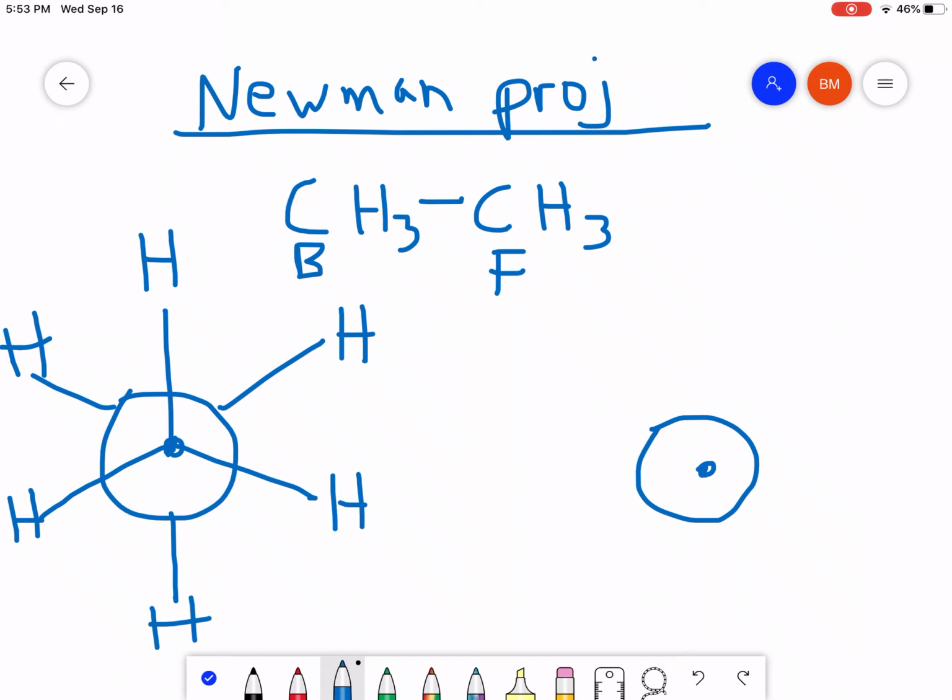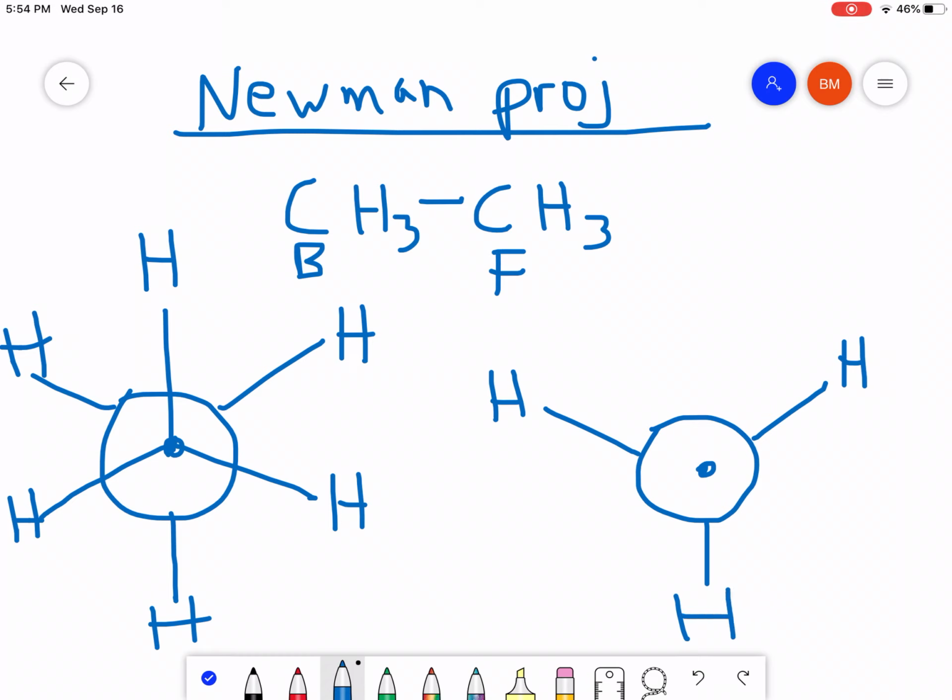The easiest way to do this is to pick one of the carbons, doesn't matter which one, back or front, keep it stationary, and then spin the other one like a propeller. My personal preference is to always leave the back carbon the same and spin the front carbon.